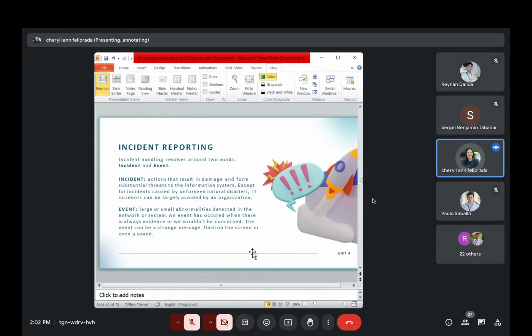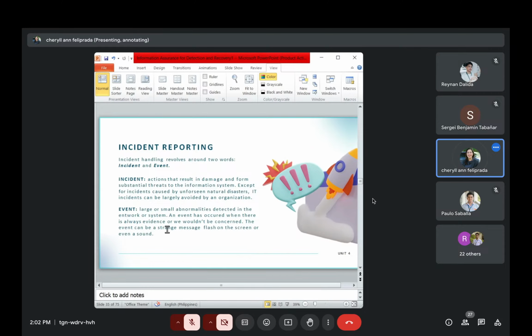Except for incidents caused by unforeseen natural disasters, IT incidents can be largely avoided. While an event is a large or small abnormality detected in the network system.